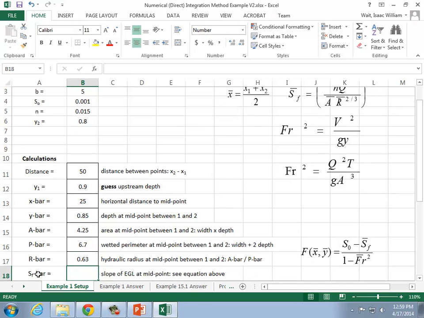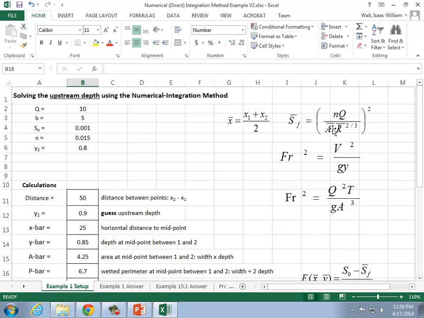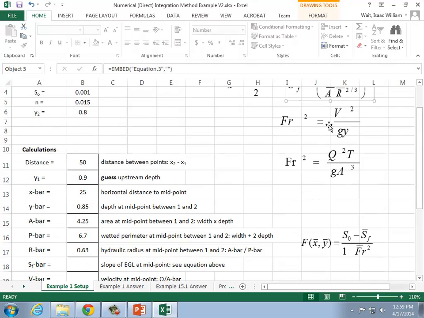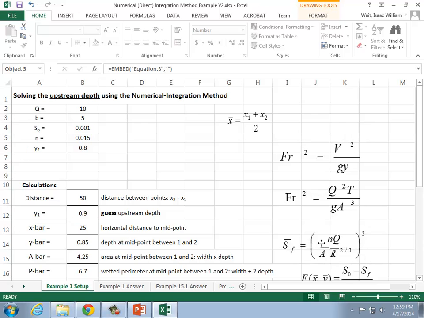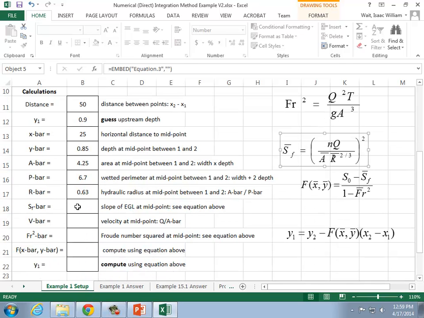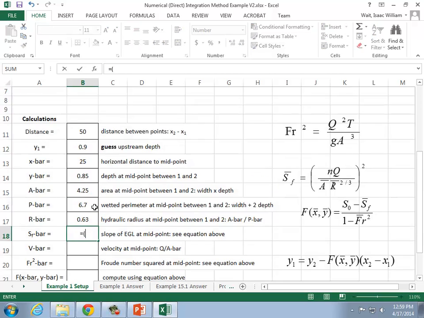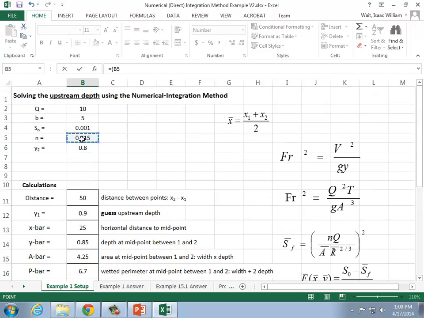Now, S sub F bar is applying Manning's equation. I've rearranged Manning's equation here to solve for the slope of the energy grade line. And I want to do that at the midpoint. Let me drag that down so it's a little bit easier to see when I'm over here. All right. So it's going to be the n value times Q divided by the area at the midpoint.